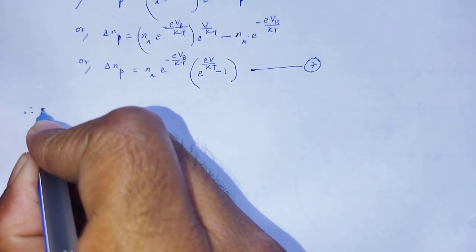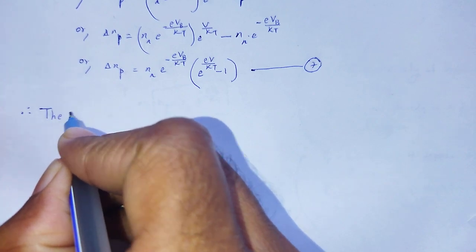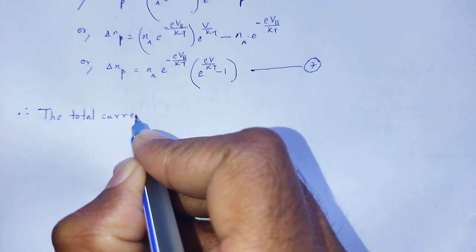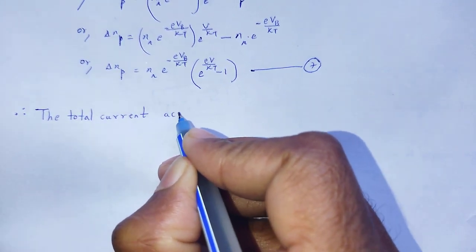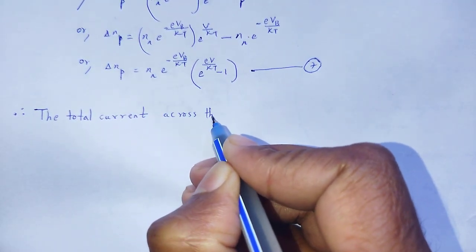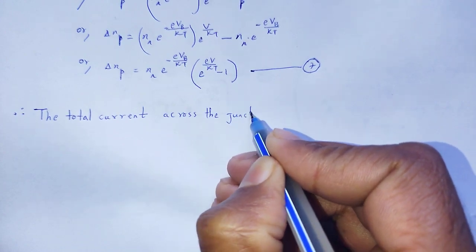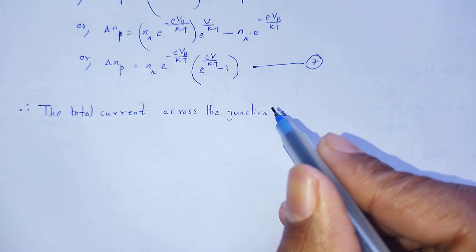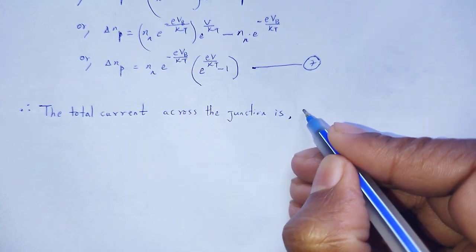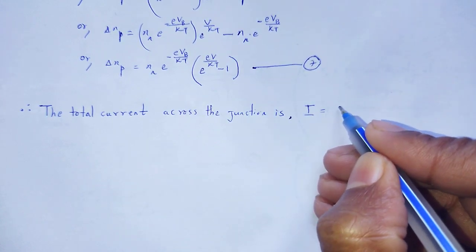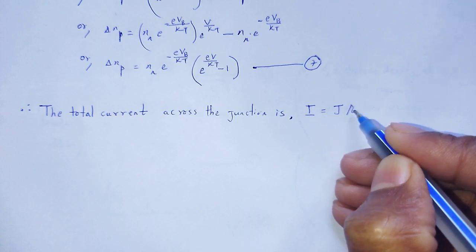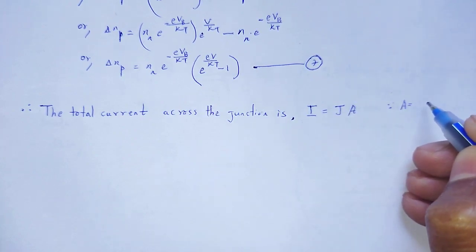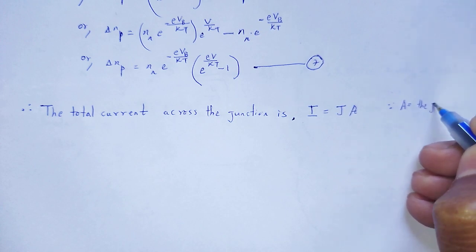Therefore, the total current across the junction is I is equal to current density into area A, the junction area.